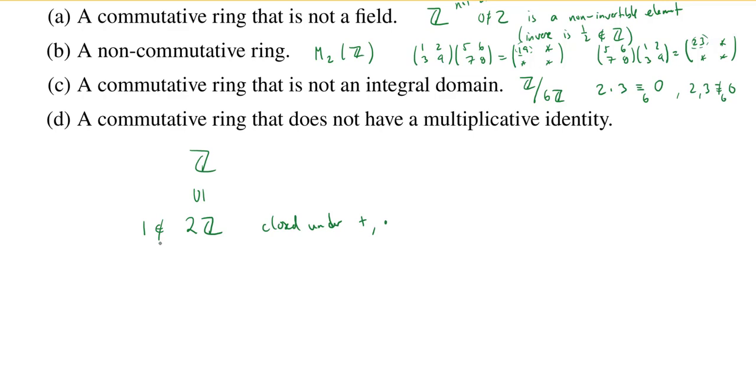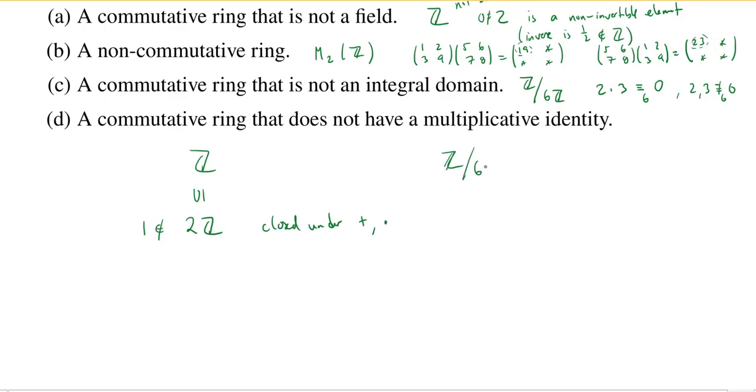Now, there is a little subtlety right there. In the integers, it's not going to be a problem, but if we look in certain modular integer cases, we actually can find subrings that don't contain the multiplicative identity 1, and yet those subrings actually still have a multiplicative identity. In fact, let me give you an example. So let's go back to Z mod 6Z.